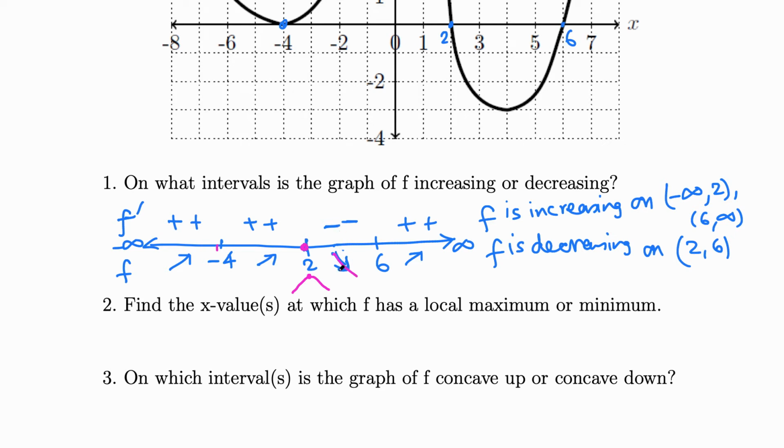Decreasing, then increasing, we have this situation around 6, so local minimum at 6. We are only asked for the x value. Local maximum at x equals 2.